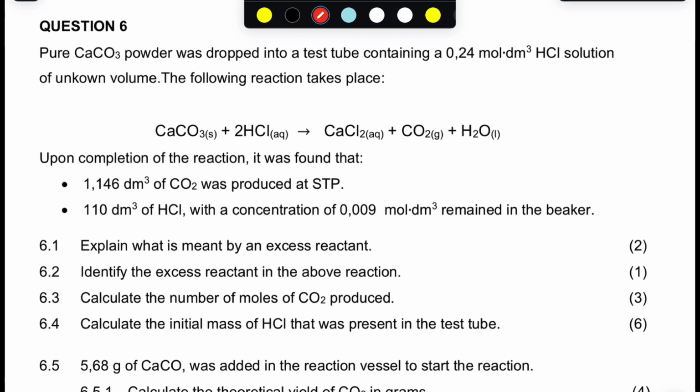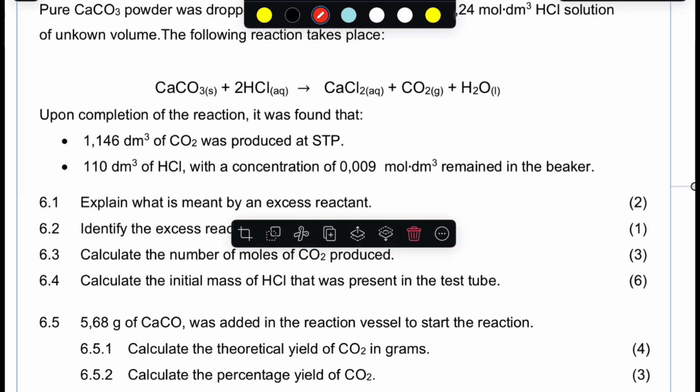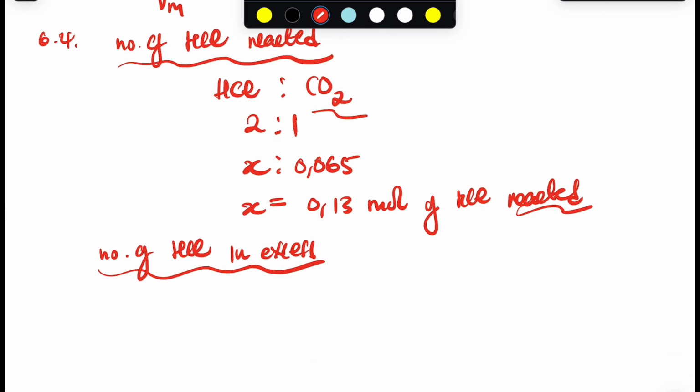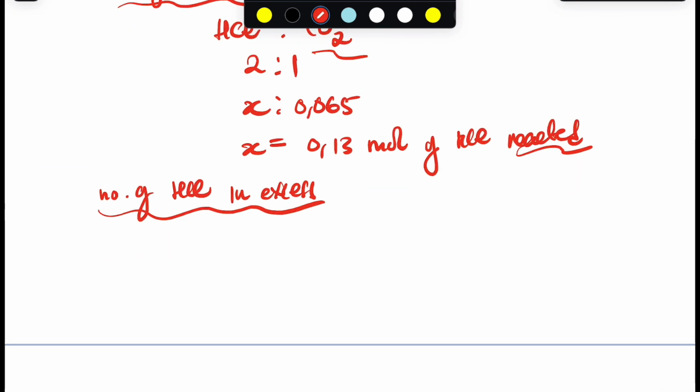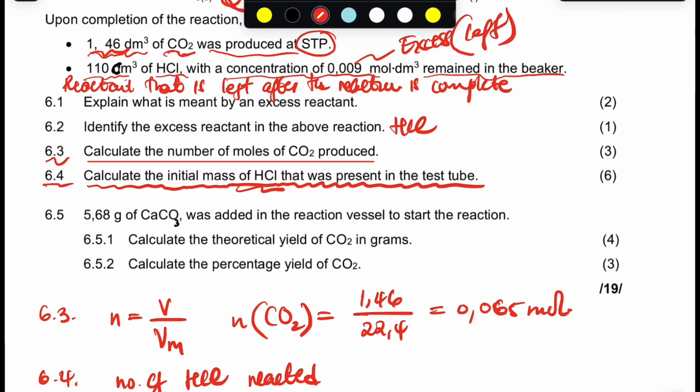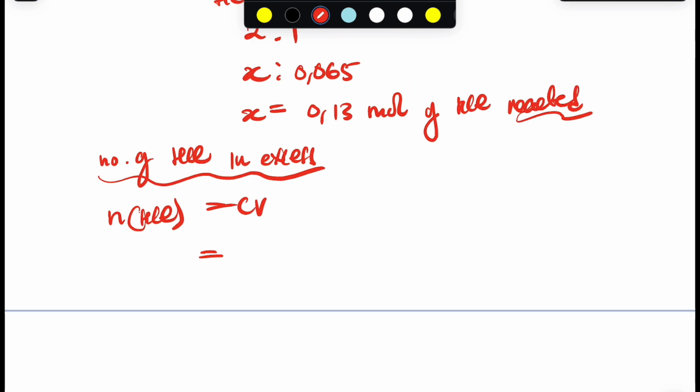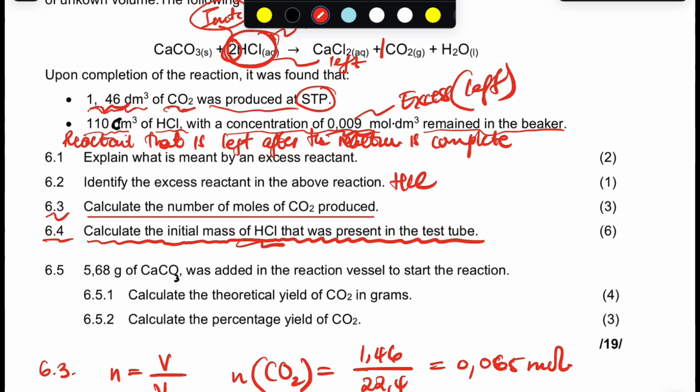So what are we going to do? We're going to use the formula that says number of moles of HCl is equal to CV, where the concentration is 0.09 times the volume, which is 110.